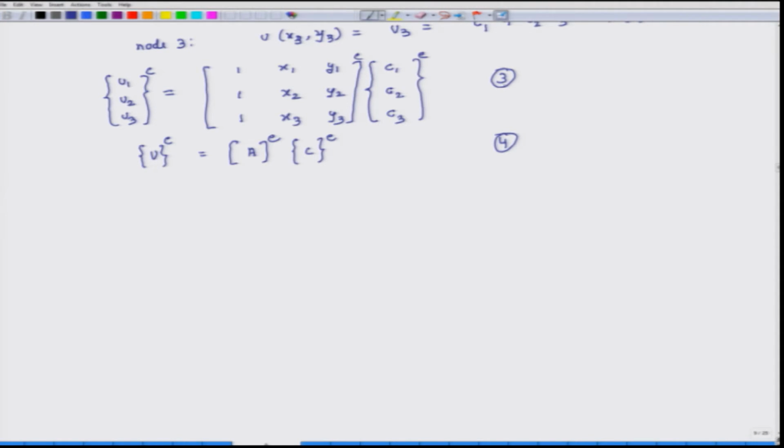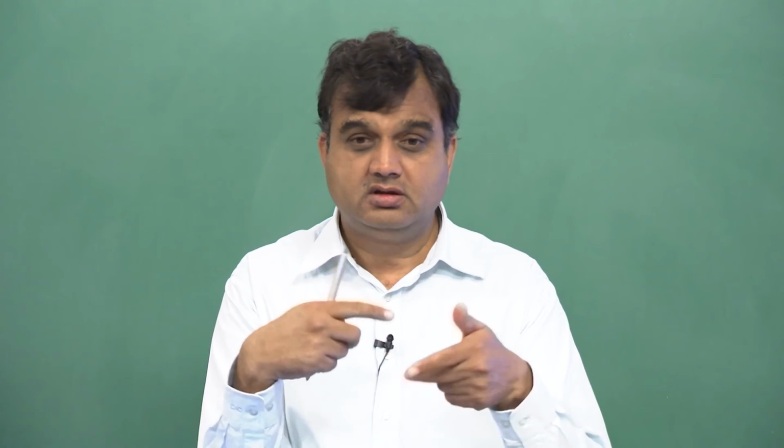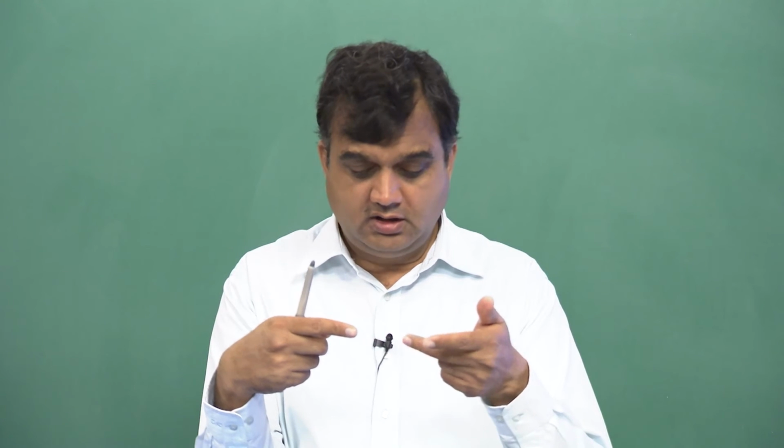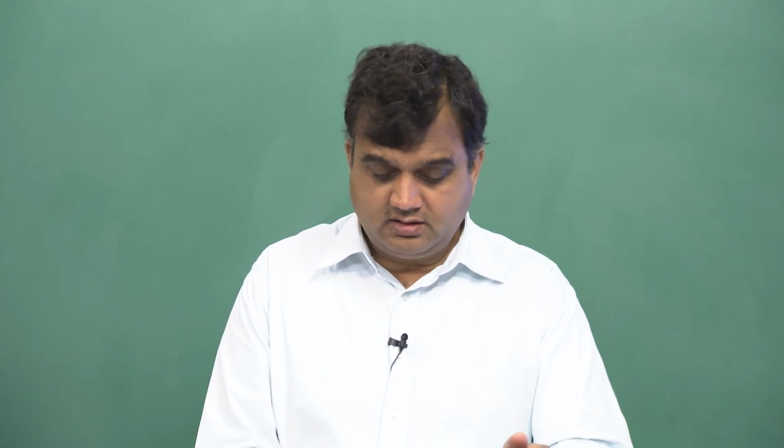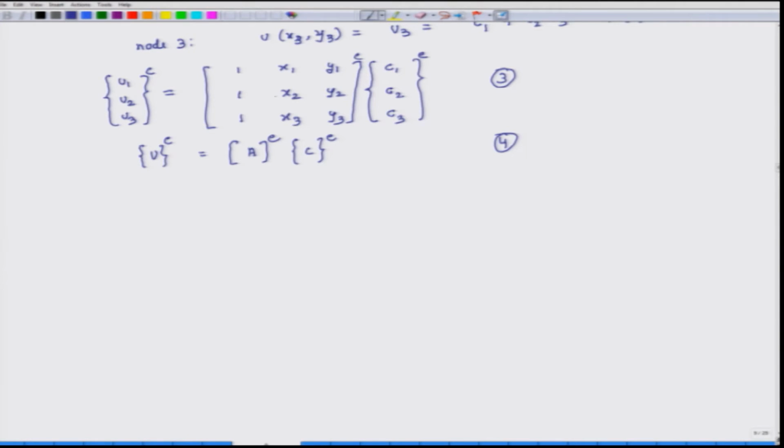When you look at equations 3 or 4, the solution for C's will exist if the 3 equations in equation 3 are mutually independent. What that means is that the first row, the second row, the third row should be different, they should not be linear combinations of each other.